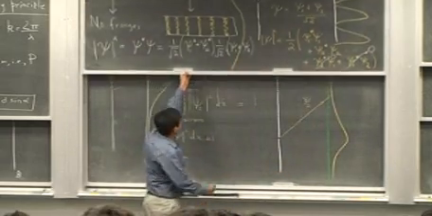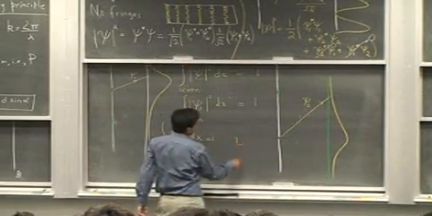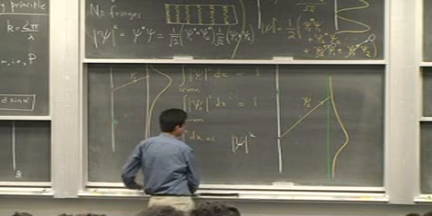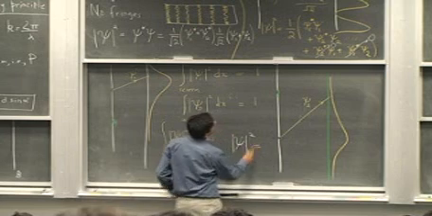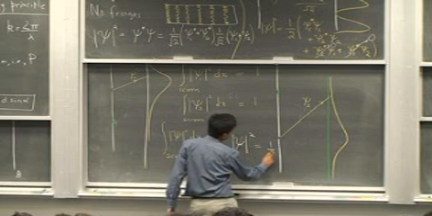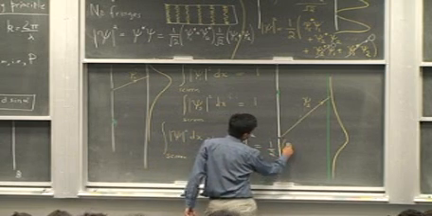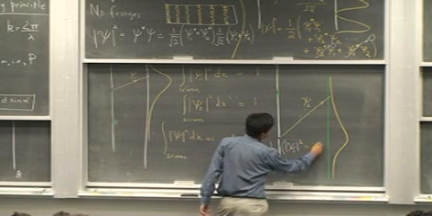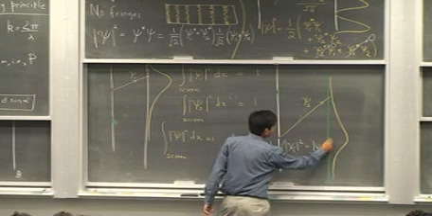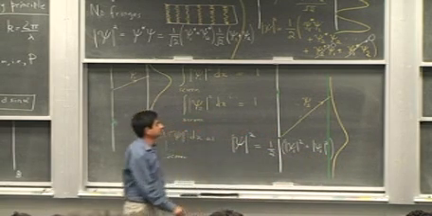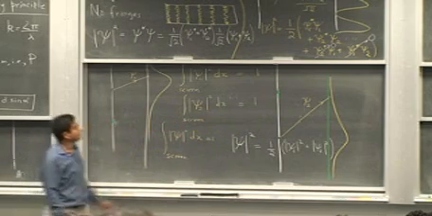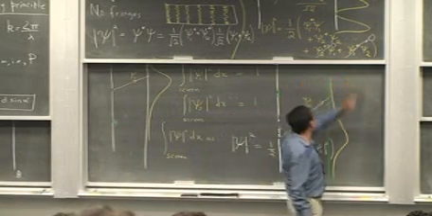So my psi mod square is half psi 1 mod square plus psi 2 mod squared. Okay, because this term is 0 and this term is 0.